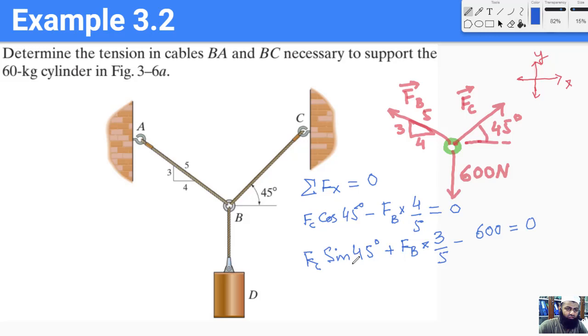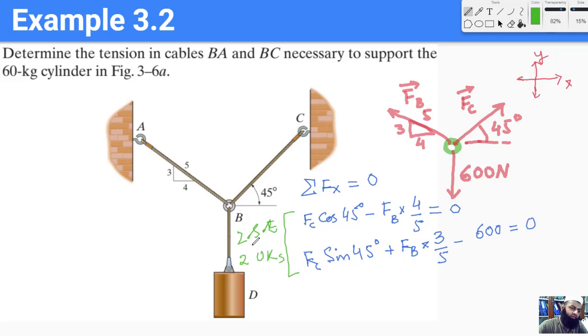Okay, so here we have these two simultaneous equations, and there are two unknowns.